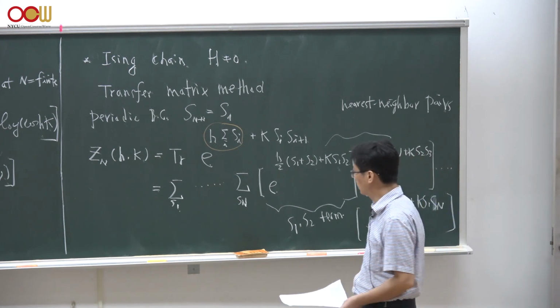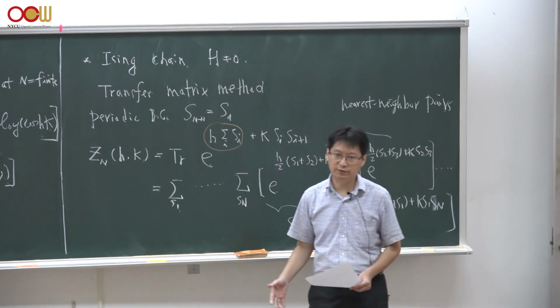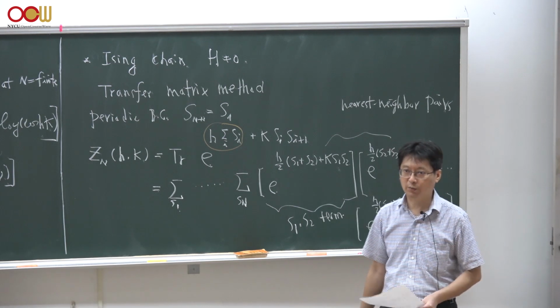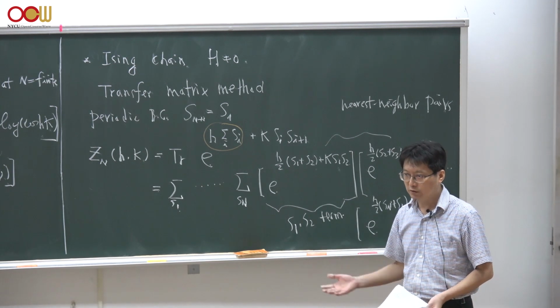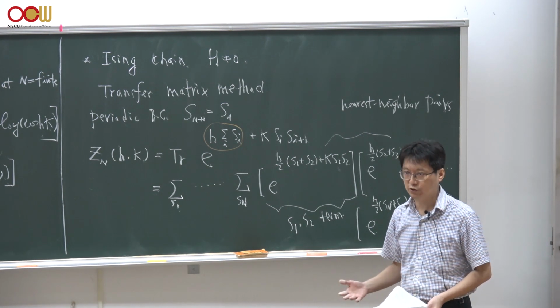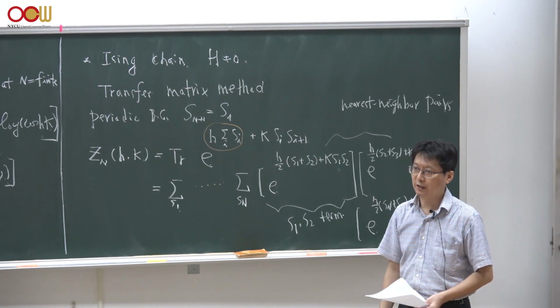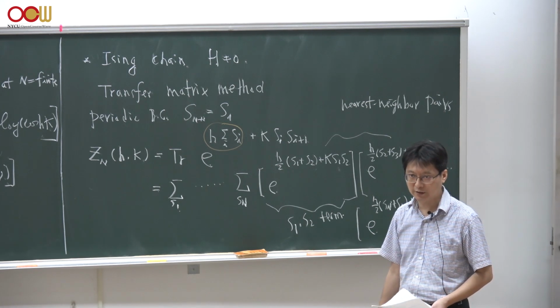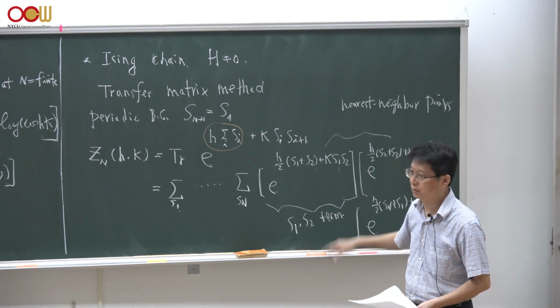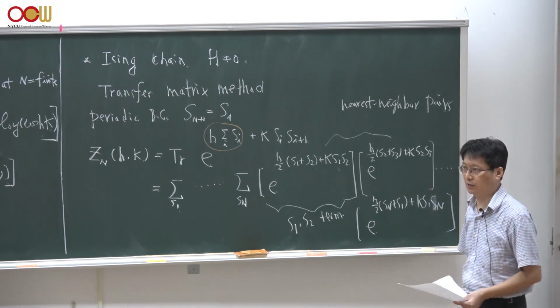And then we analyze whether or not we have a phase transition at all for a one-dimensional Ising chain. The answer is that we don't have any finite temperature phase transition in this case, and we only have a zero temperature phase transition. Okay? But we will rigorously derive such a conclusion next time.